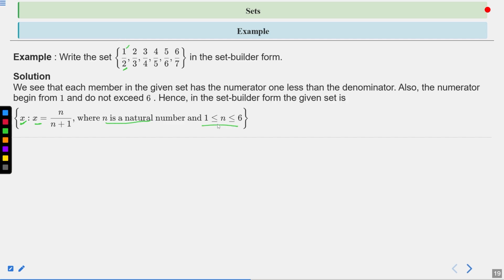Also, n is less than or equal to 6 and it can be minimum 1, so n must be greater than or equal to 1. So satisfying all these three, you will have your roster form, and from this roster form you can build your set builder form like this. I hope it is clear.